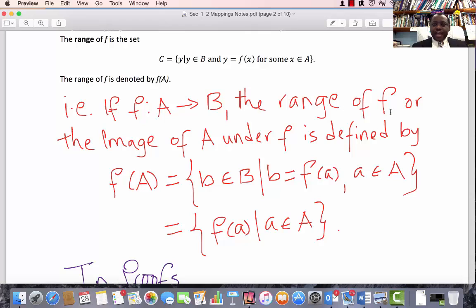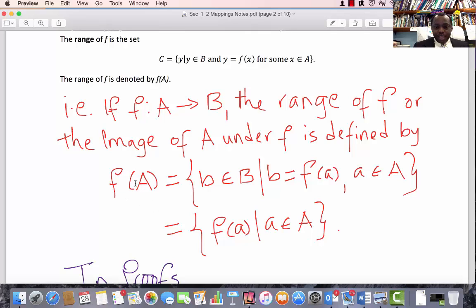Now the range of f, or the image of the entire set A under f, is defined by f(A) = {b in B such that b = f(a)}. Or we could actually break down the definition and simply say this is equal to the set of all f(a) such that a is in A.